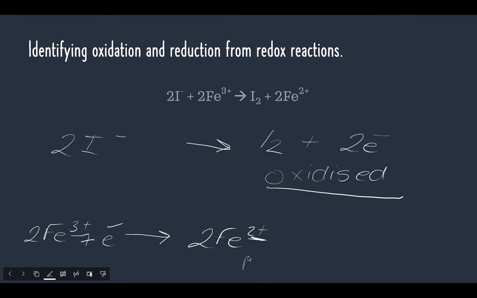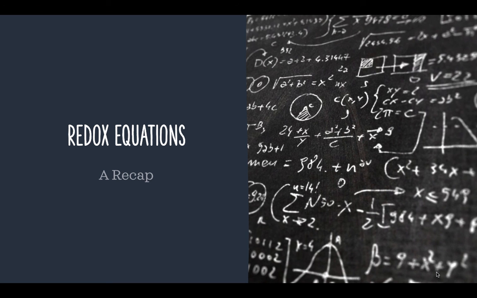So this would be our reduction reaction. Now I know that was pretty quick, but that summarises very quickly some of the different questions you might be asked based on redox equations.